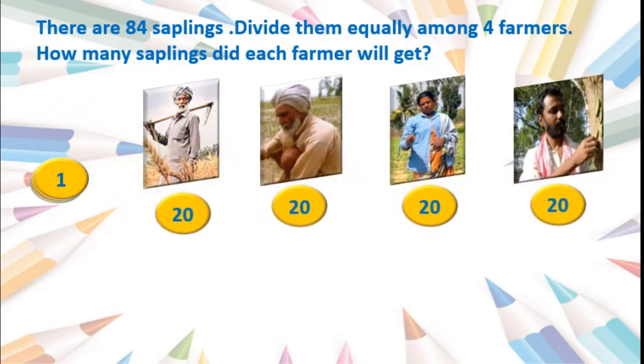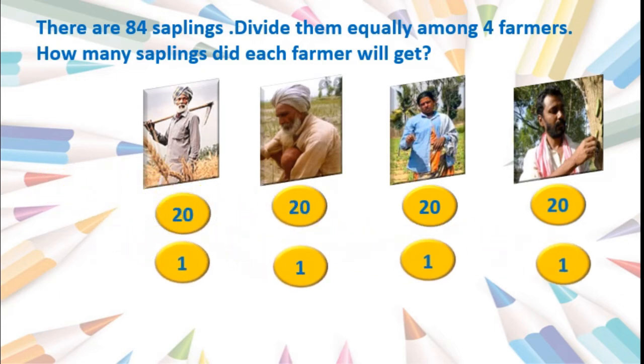Then he gave 20 saplings to each one. Then how many remain now? Only 4. So he said these 4 again we will divide by 1. So they divided and they collected 1 more sapling from the stock. So how many saplings did each one get? See, they are adding the numbers now.